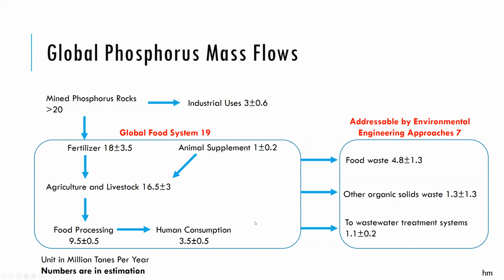And you'll see at the very bottom there, wastewater treatment systems is really only a small component of all of this massive phosphorus that's moving through our society today. Next slide, please.